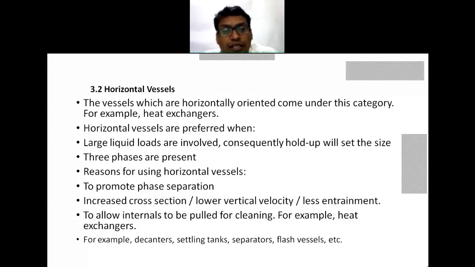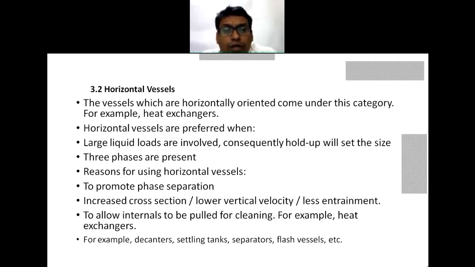As the velocity is reduced, the solids settle at a faster rate, and that is why big diameter or horizontal vessels are promoted for phase separations and solid separations. The increased cross section lowers the vertical velocity, so there is less entrainment associated with these horizontal vessels.